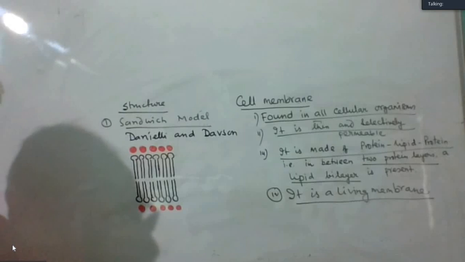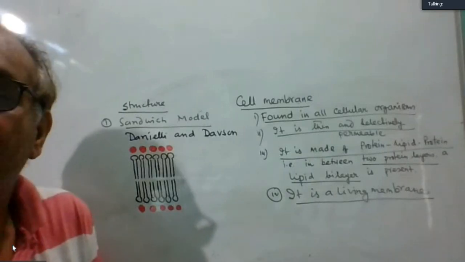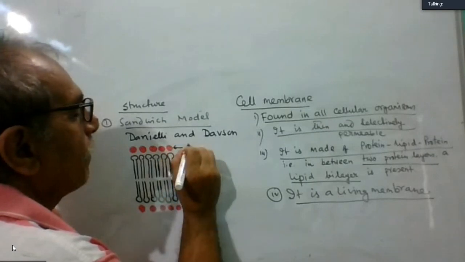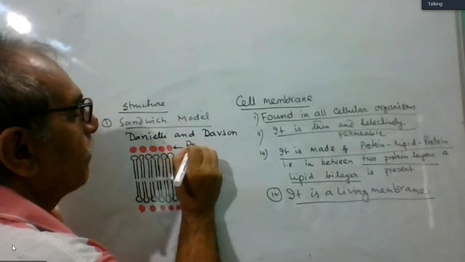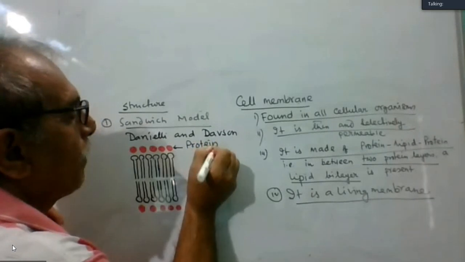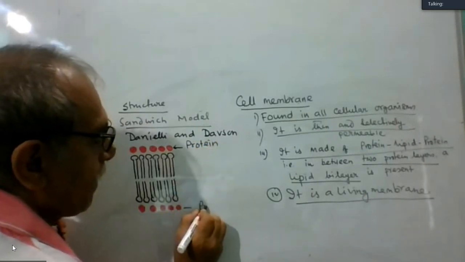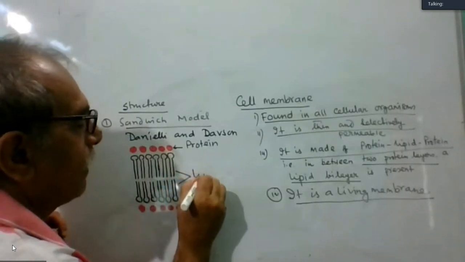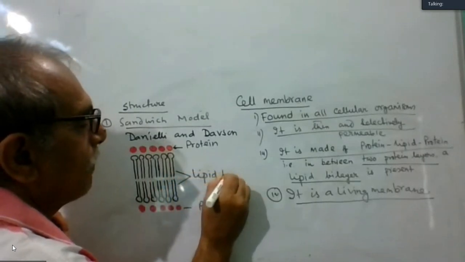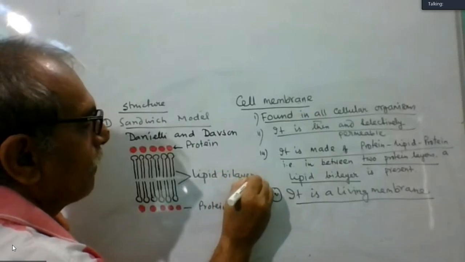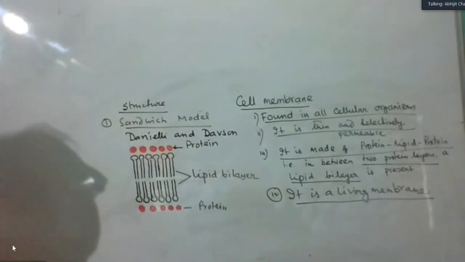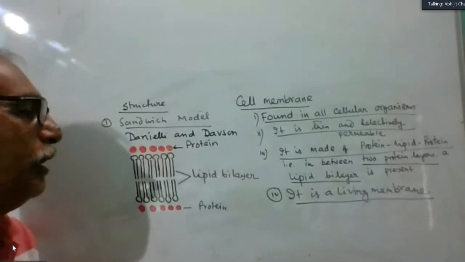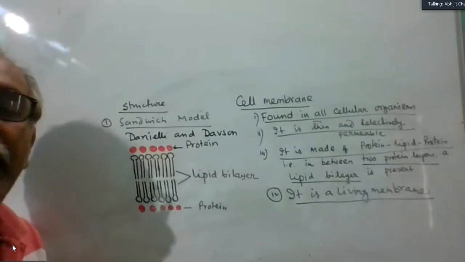So this is the lipid bilayer. Is it clear now? This is the sandwich model proposed by Danielli and Davson.